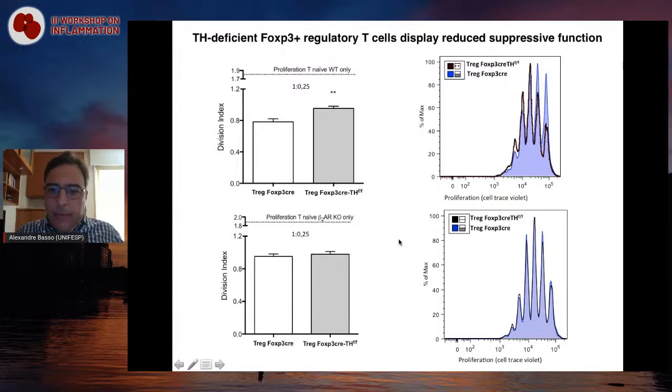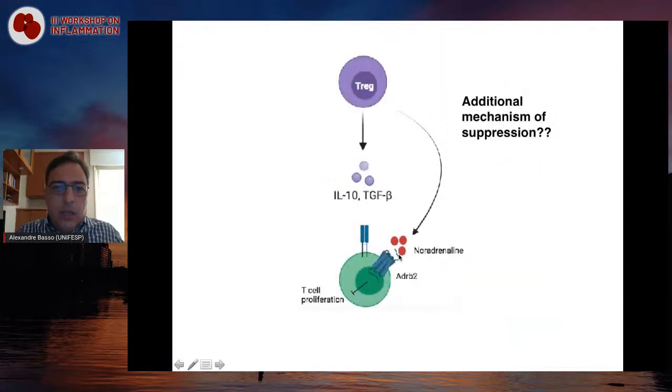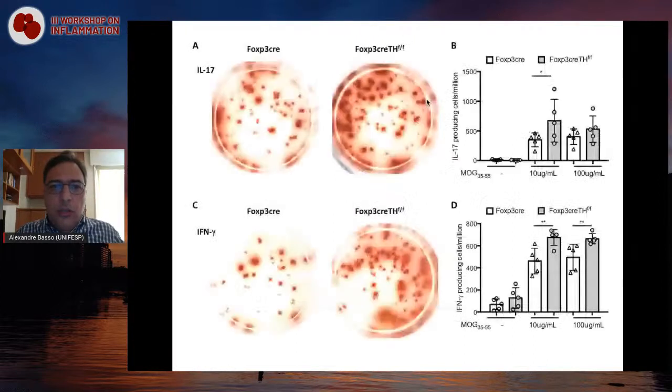There was no difference in the suppressive function comparing the two FOXP3 expressing T cells. So the hypothesis that we are drawing here is that maybe the secretion of noradrenaline by FOXP3 regulatory T cells may be an additional mechanism of suppression used by these cells.